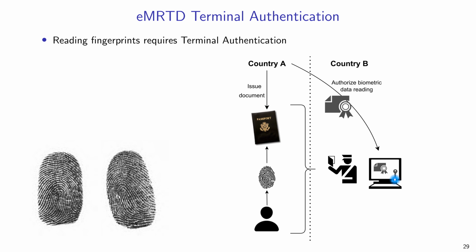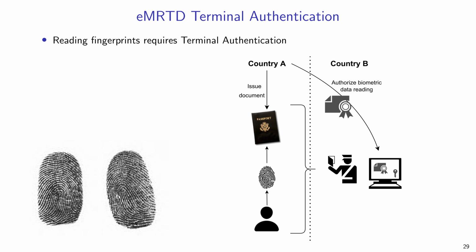Each terminal has its own private key, and if country A wants to authorize biometric data reading by terminals from country B, then country B provides the public keys of its terminals to country A, and country A issues public key certificates for those terminals. The chip will disclose the fingerprints to a terminal if that terminal can present a valid certificate and prove that it has access to the corresponding private key.